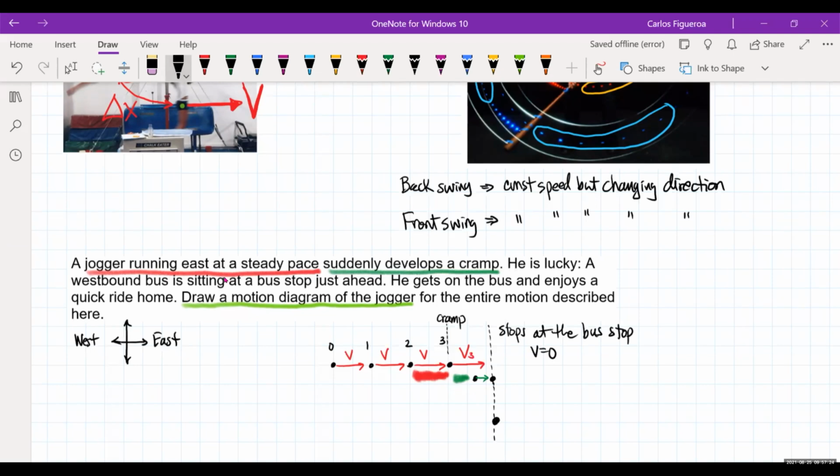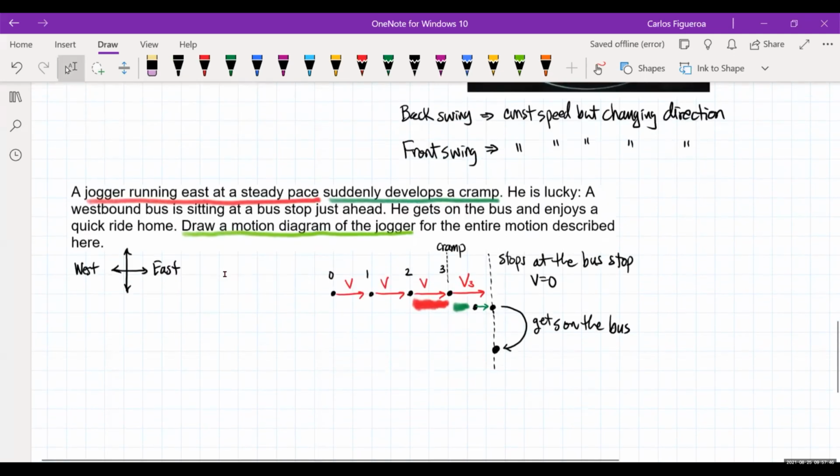We have to change direction here as he gets on the bus. So what happens to the bus? Let's keep going.